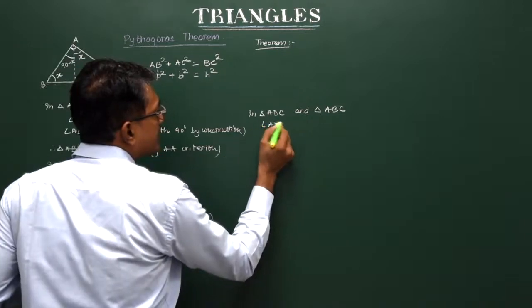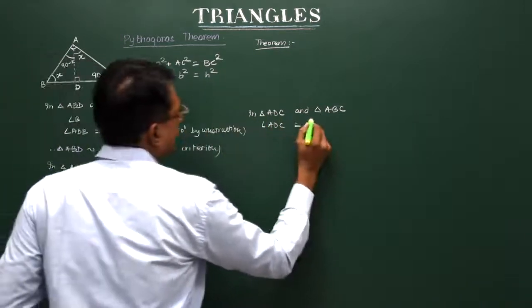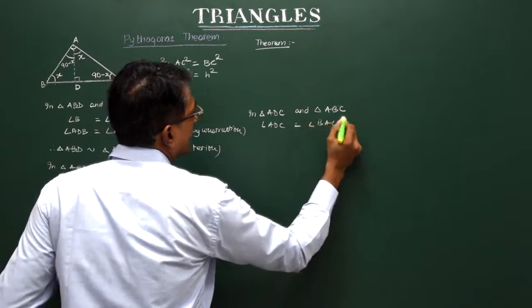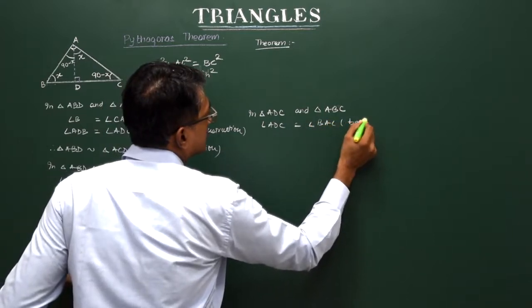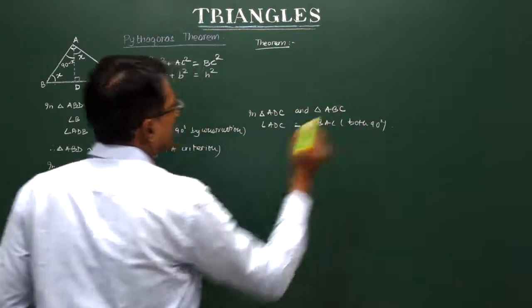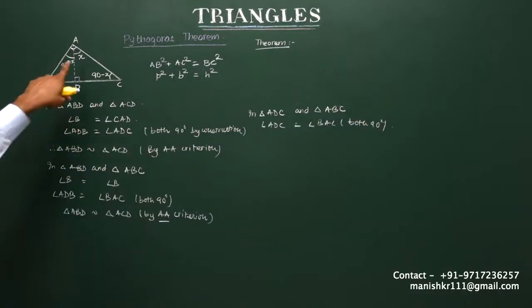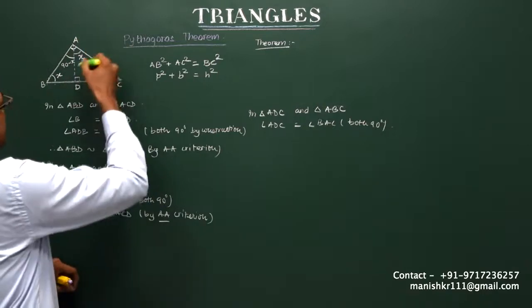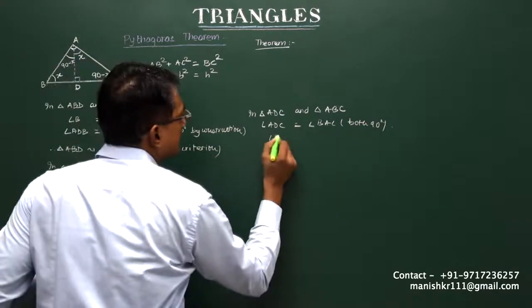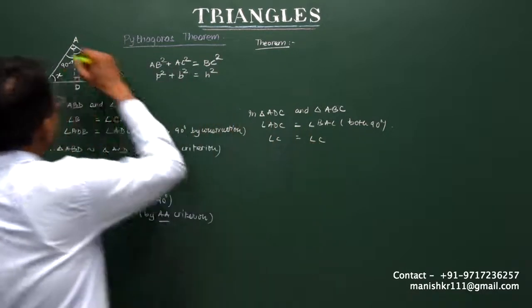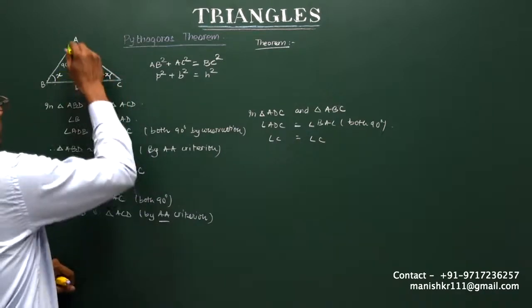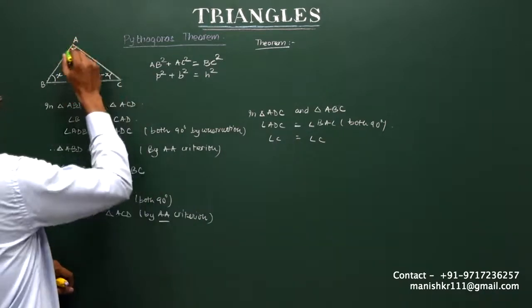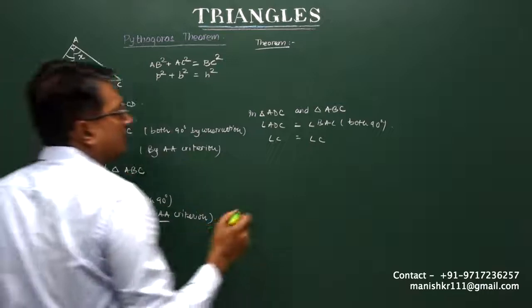Angle ADC is equal to angle BAC, both 90 degrees, correct? And say angle C is equal to angle C because it is common to both triangles, the ADC as well as BAC.